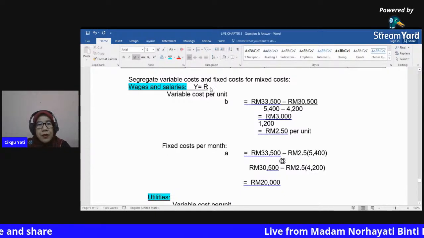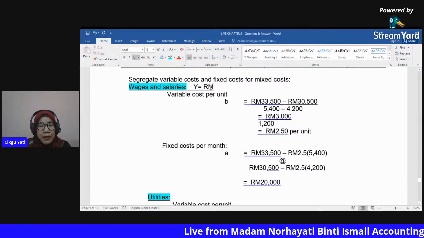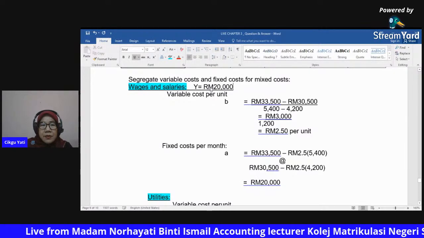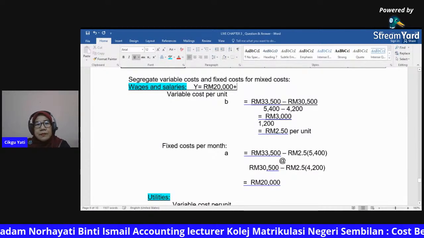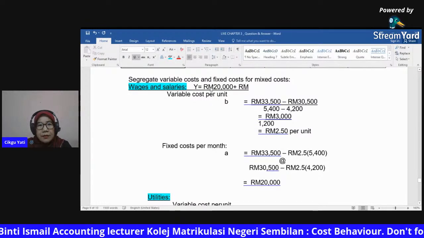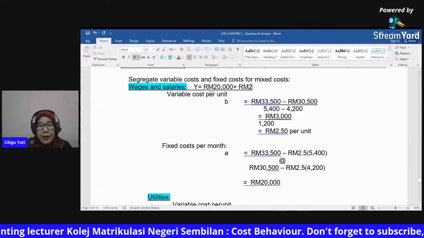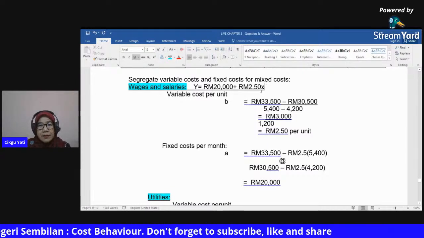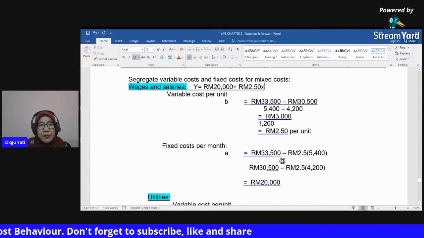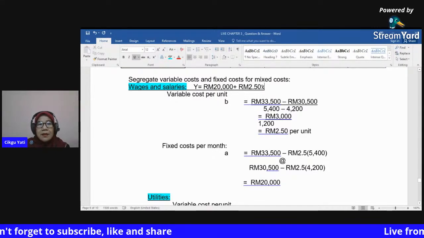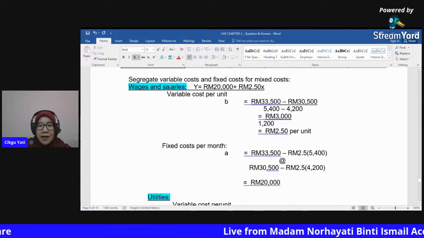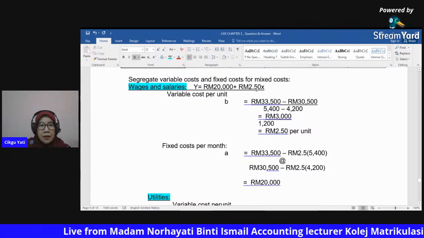You should know that the cost function for wages and salaries consists of fixed cost, plus 2.50x, where x represents the cost driver, the level of units, which can change. So this is the cost function for wages and salaries. It consists of fixed cost and variable cost.